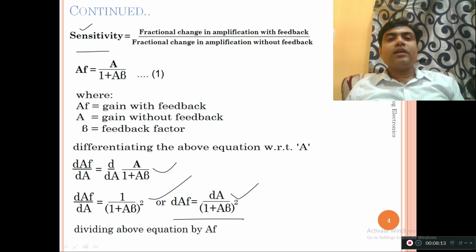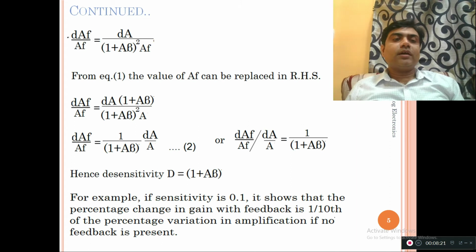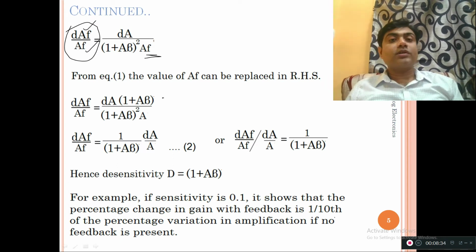So these factors are very important, and how we can analyze that: if we divide this particular equation by AF, the left hand side gives me the change in the value of AF with respect to the original value of AF. And similarly, if I replace this value AF in the right hand side from the first equation, that certainly gives me this value dA upon A after cancelling out.